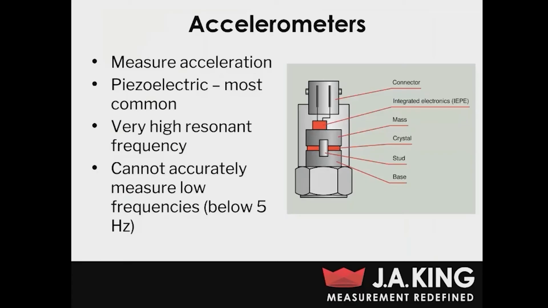Luckily, most vibration tests are going to be above that level. If you do want to measure and test below 5 hertz, you can use a capacitive accelerometer. There are some downsides to those accelerometers though too. For instance, they're not great at the higher ranges. So like I said, we tend to stick with piezoelectric accelerometers, but you really have to choose your accelerometer based on the actual test that you're performing.